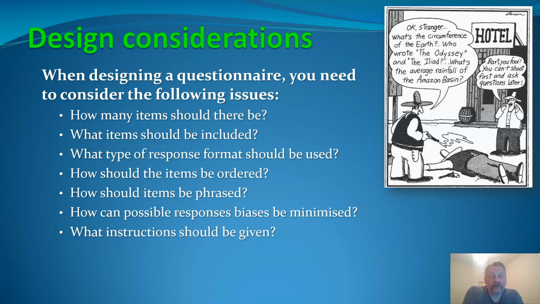So again, what you don't want is to have too few items, but equally you don't want too many either. You want the kind of Goldilocks zone, somewhere just right, just in the middle.